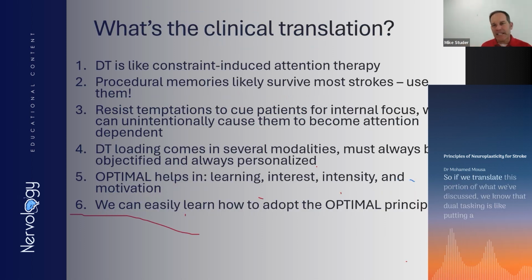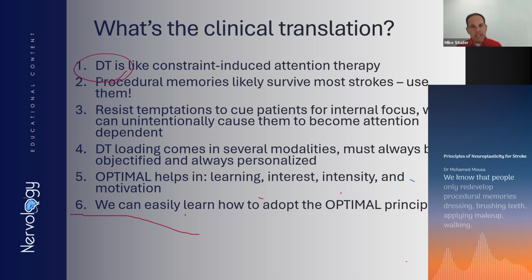So if we translate this portion of what we've discussed, we know that dual tasking is like putting a sling around your attention. We know that people only redevelop procedural memories, dressing, brushing teeth, applying makeup, walking, getting out of bed. We only redevelop procedural memories if in fact we challenge them to be procedural and tolerate distractions.